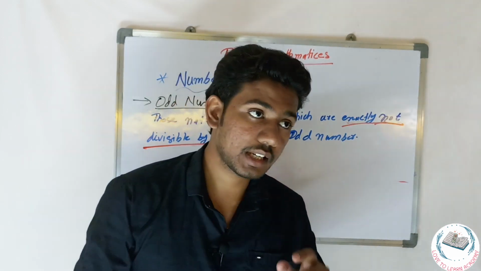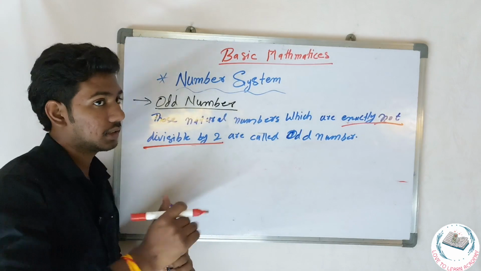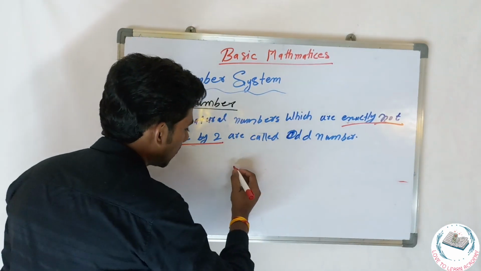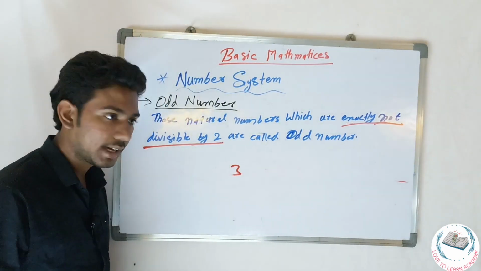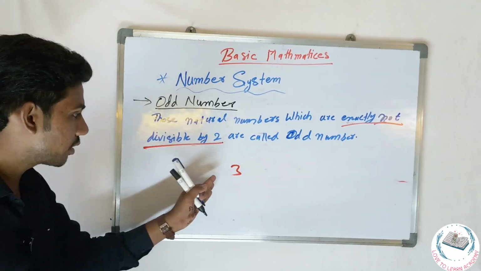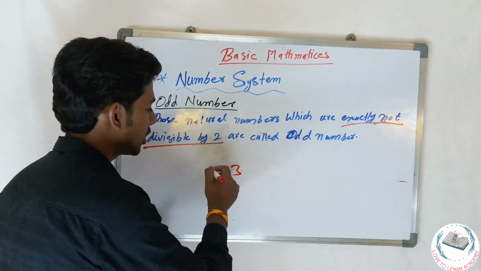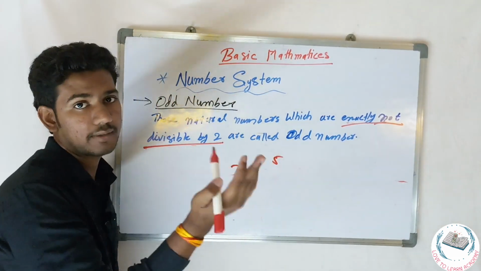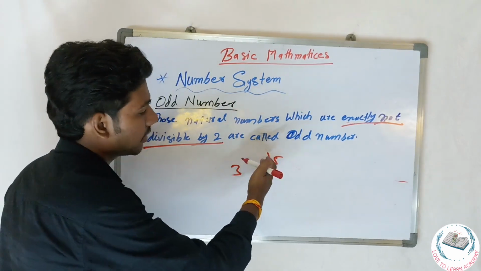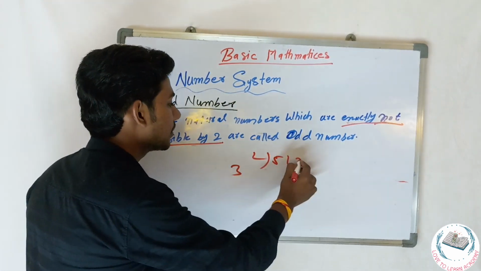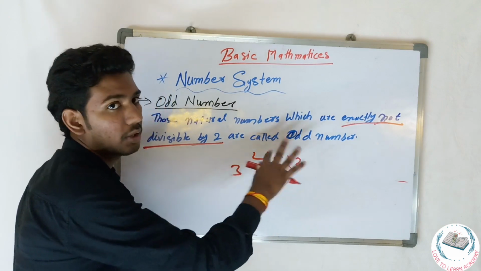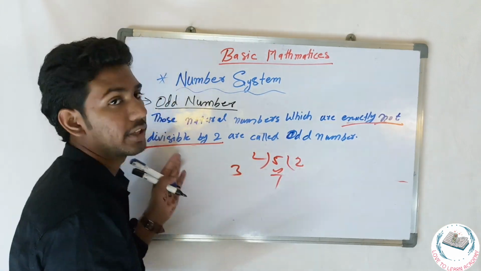If I talk about 3, is it divisible by 2? It's not divisible. Let's talk about 5. I already gave the example of 5. 5 is not divisible, which means it's an odd number.